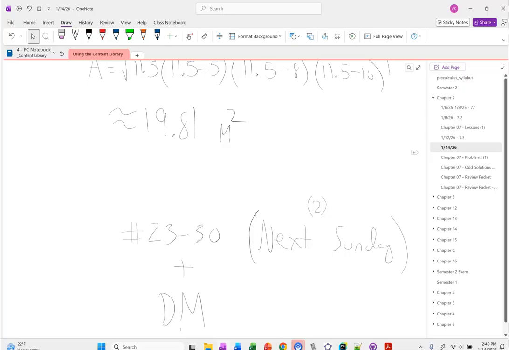So again, if you feel good at the end of the Delta Math, the test should be appreciably no more difficult. And you get a half sheet of notes to take in with you, which should help if you do a good job on your half sheet.